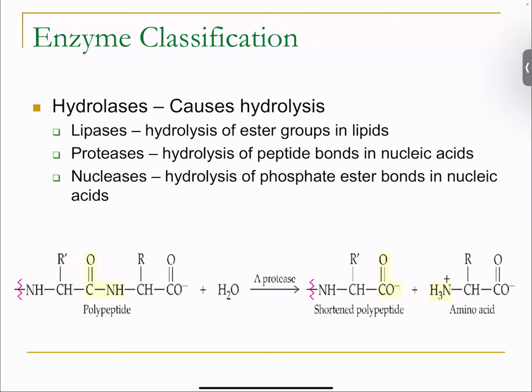So in other words, it's going to pull off a phosphate in a nucleic acid. Don't confuse it with kinases. Yes, they transfer a phosphate group, but a nuclease hydrolyzes, removes a phosphate group specifically from a nucleic acid.